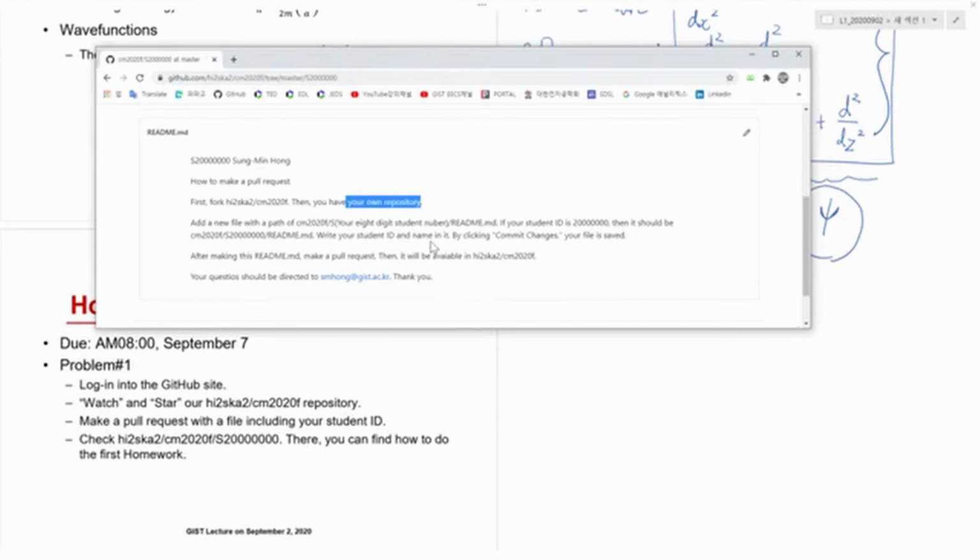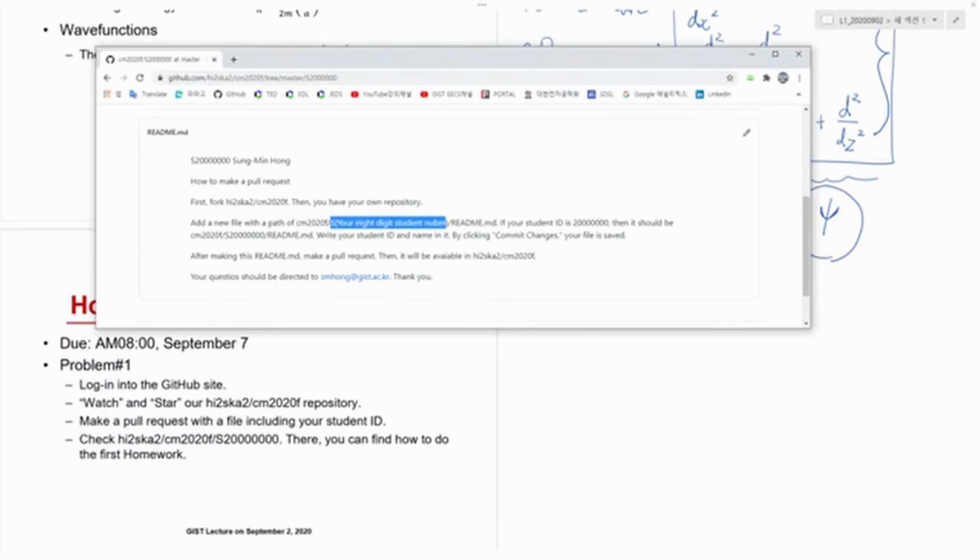Then please add a new file which is located in the subfolder. So how can you make a subfolder? Actually, in GitHub, there is no way to make an empty subfolder. In order to make a subfolder, you have to make a file inside it. Then the subfolder is automatically generated.